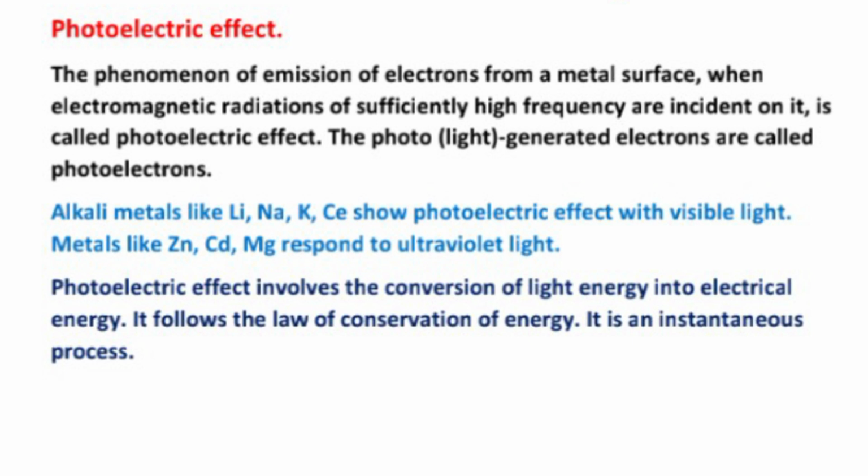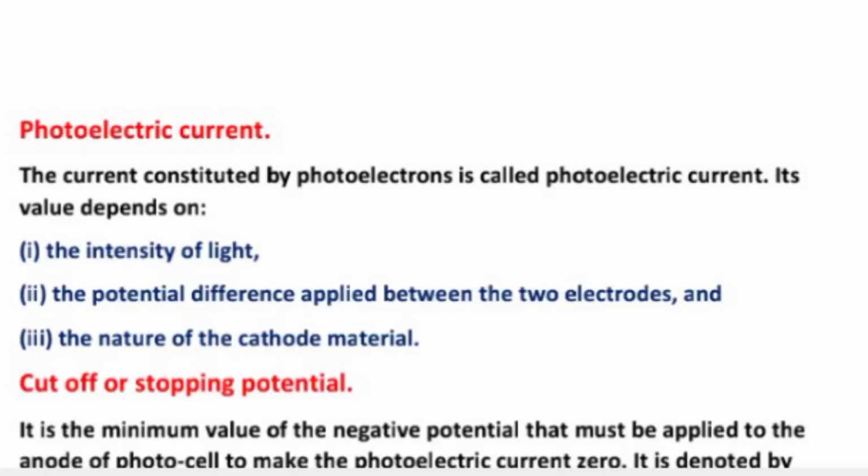Alkali metals like lithium, sodium, calcium, cesium show the photoelectric effect with visible light. Metals like Zn, Cd, and Mg respond to ultraviolet light. The photoelectric effect involves the conversion of light energy into electrical energy. It follows the law of conservation of energy. It is an instantaneous process.